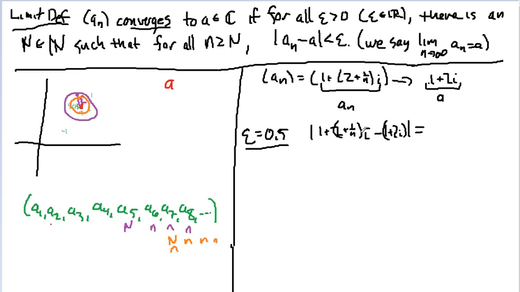Well, that equals, oh, I get a bunch of cancellation. I'm left with i over n. This has to be less than epsilon. Oh, but that's equal to 1 over n. So I can just pick capital N to be equal to 2, because if little n is 2 or bigger, I'm going to be less than 0.5, like so.